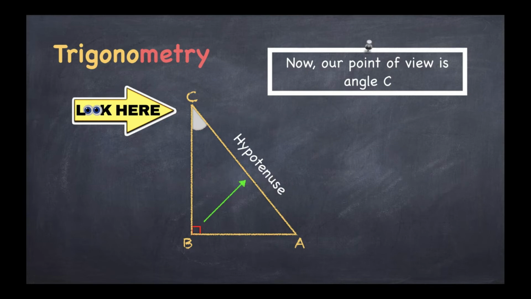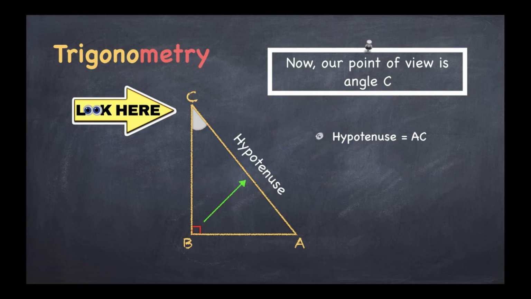First of all, let's identify the hypotenuse. The hypotenuse does not depend on the point of view because the hypotenuse is always in front of the right angle. Or we can say the hypotenuse is the longest side of a right angle triangle. In this example, the hypotenuse is AC.